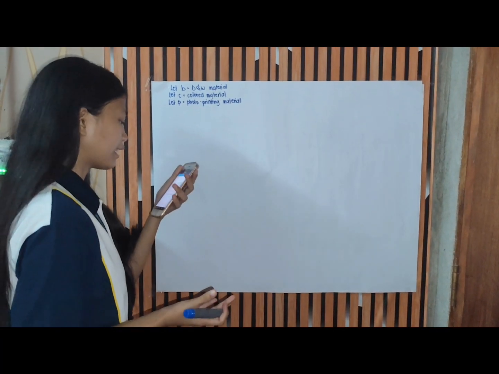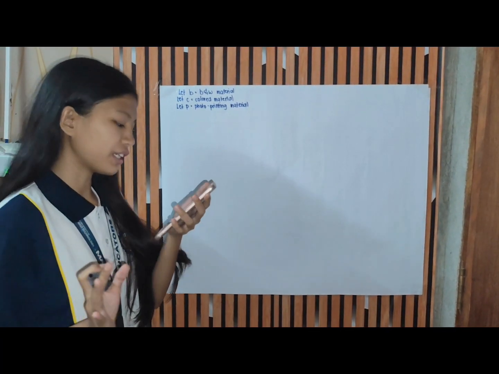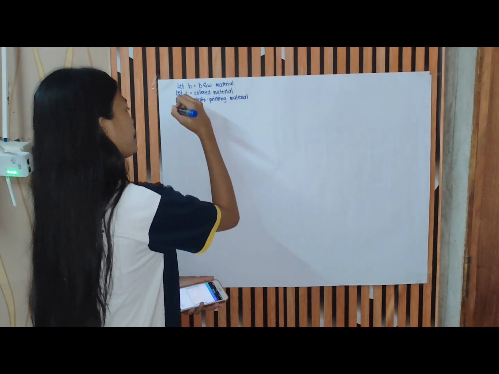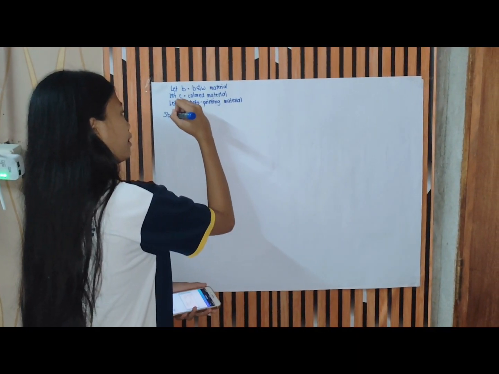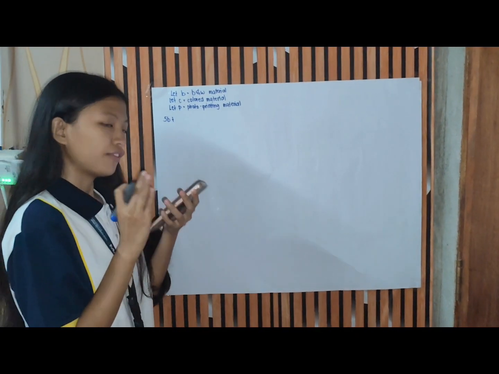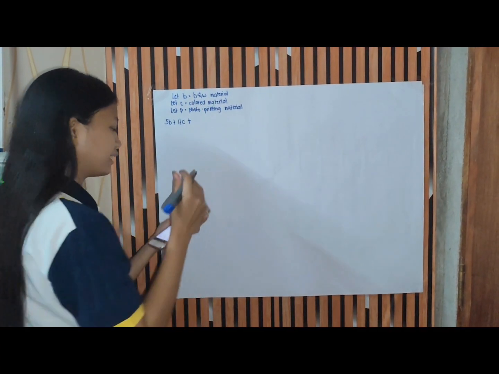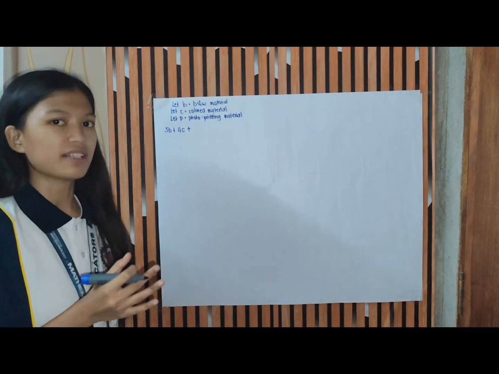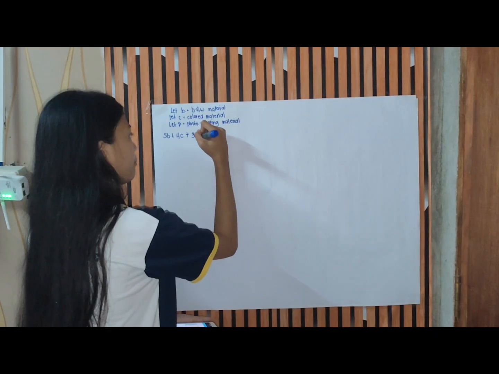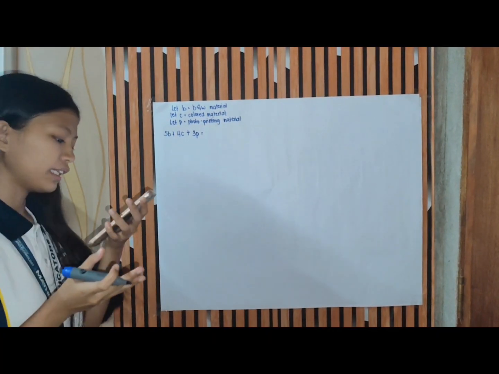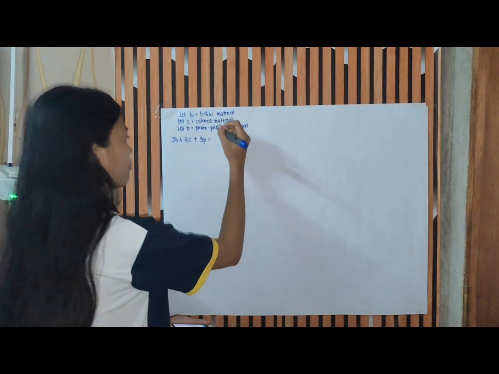It states there that Mika printed 5 pages of black and white, so 5B plus 4 pages of colored, 4C, plus 3 pages of photo printing, 3P, is equal to 345 pesos.